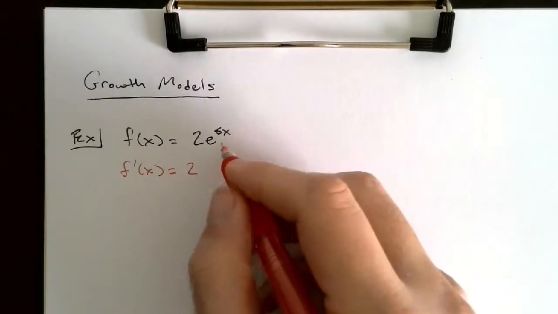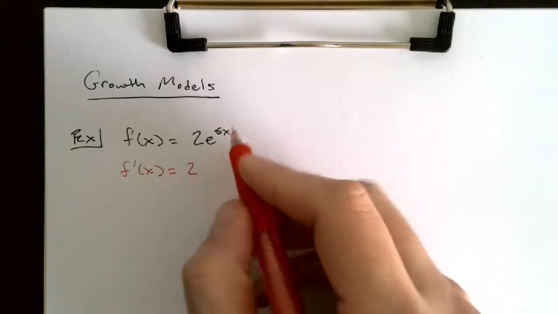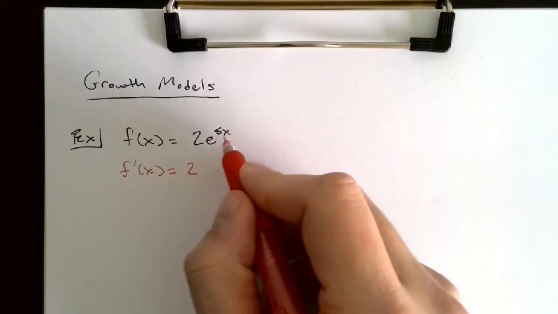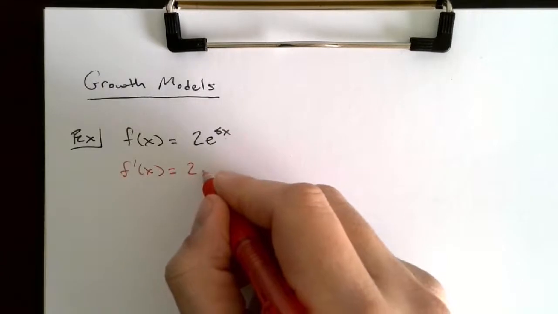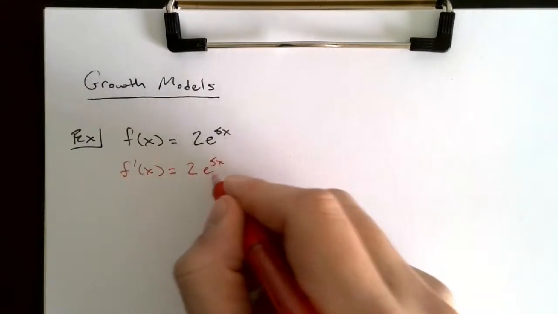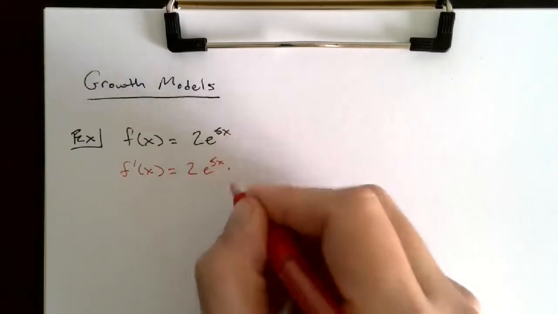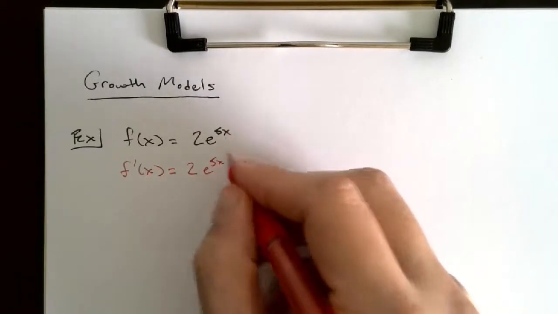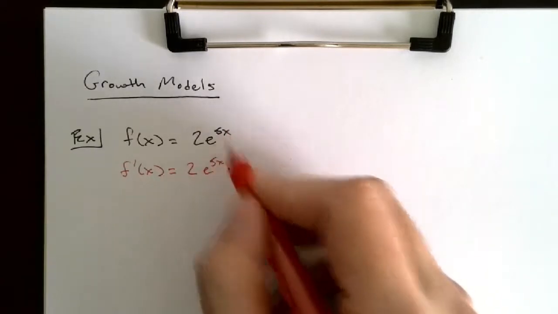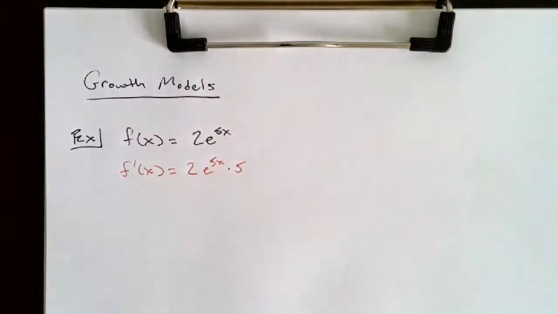The derivative of e to the 5x is really the chain rule on e, so you keep what you see, e to the 5x, times the derivative of the exponent, so times 5.